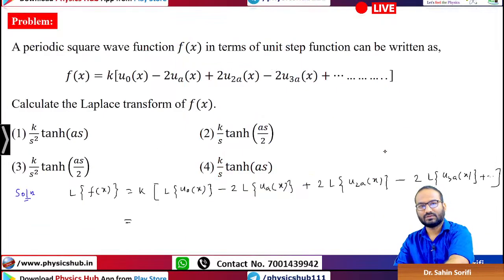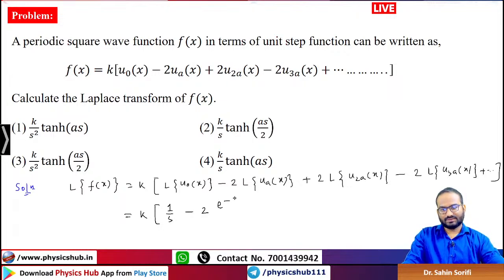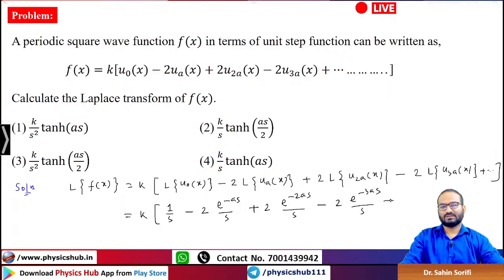So let's do another step: 1 by s minus 2 times e to the power minus as by s, plus 2 times e to the power minus 2as by s, minus 2 times e to the power minus 3as by s and so on. No issue in this.